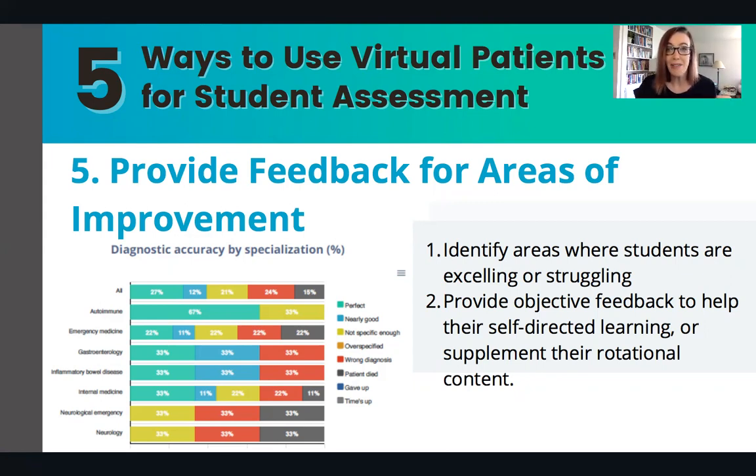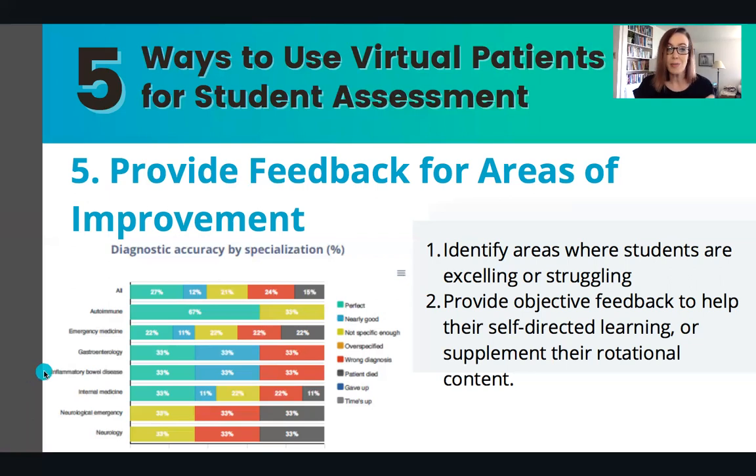So when you have all this data about virtual patients and how students did, you can see what's on the screen here, whether it's in a specific area of medicine, or with a specific diagnosis like inflammatory bowel disease here, or a specific age range of patients, or in a specific part of patient assessment, so history, laboratory, examination, and so forth.